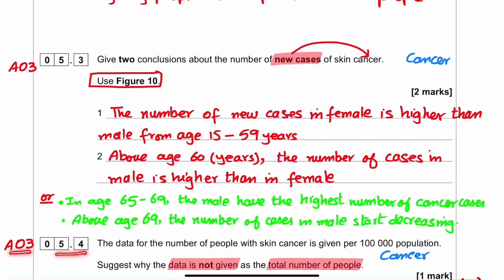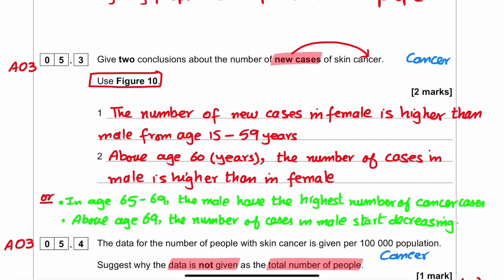5.4 is an AO3 question, and this question is from the same topic of cancer. The data of the number of people with skin cancer is given per 100,000 population. Why is the data not given as the total number of people?